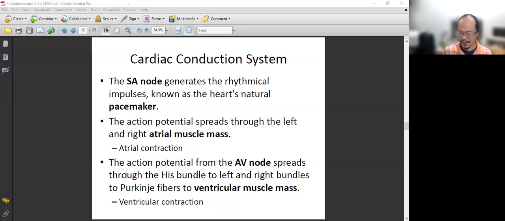So you will have the conduction system, the SA node, that's a pacemaker. It will send signal to both left and right atrium. And then the AV node will go through the bundle of His, left and right bundle, and the Purkinje fibers to left and right ventricle.